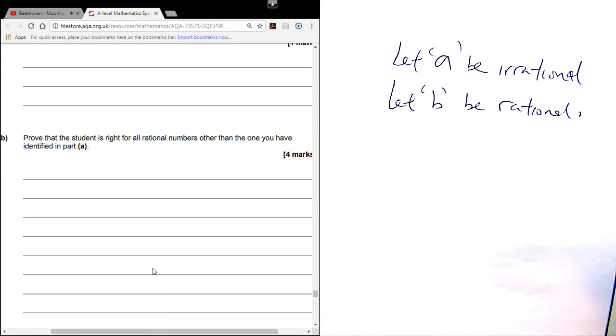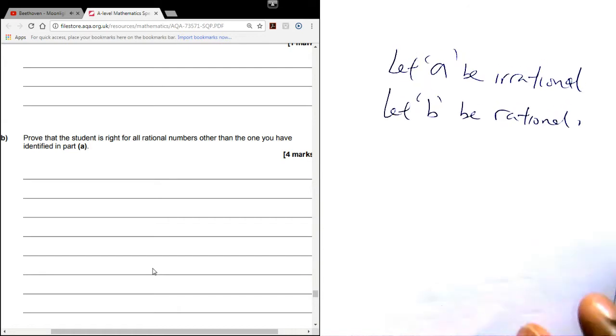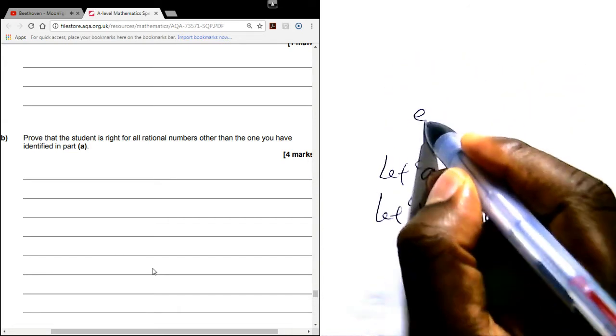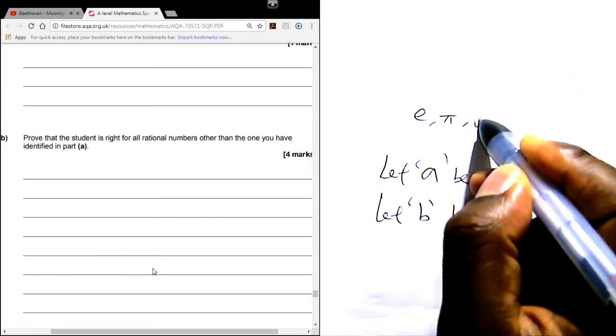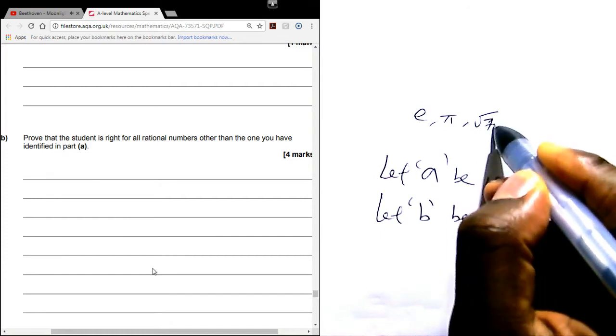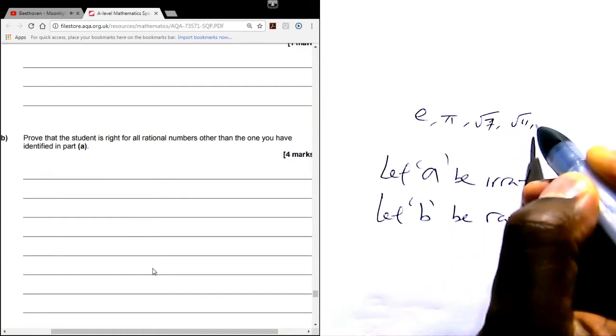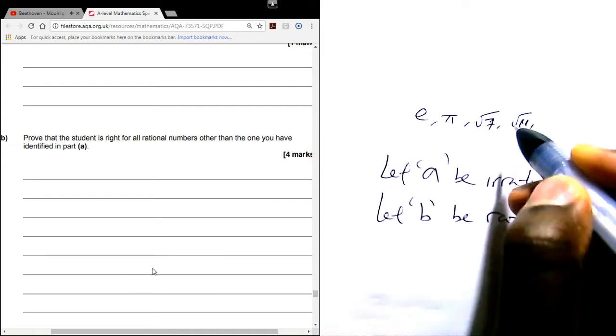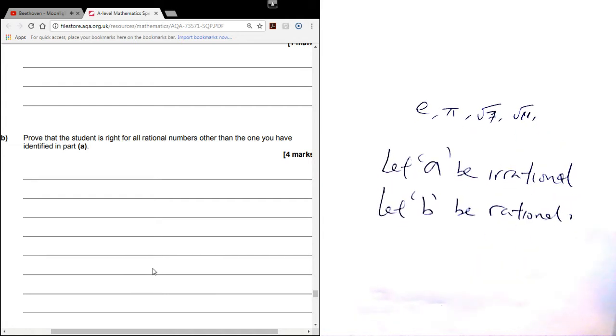What I mean by that is we cannot write A as a fraction. It has to be something we cannot really quantify. You know, irrational numbers, for example, e, pi, root 7, root 11, numbers like that we really don't have a way of saying it's exactly 2.79 or stuff like that.